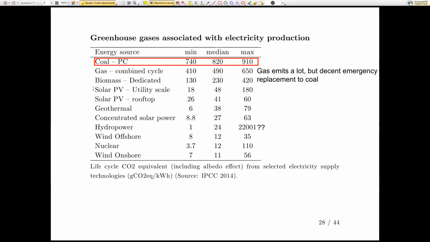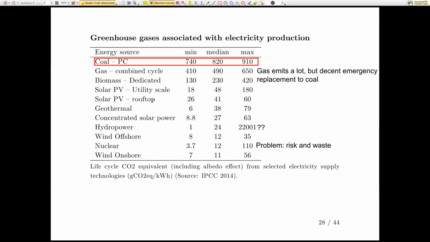And then once you get to these, it's just very, very small. Wind onshore, nuclear, wind offshore. Of course, with nuclear, what you have to keep in mind is it generates other problems.